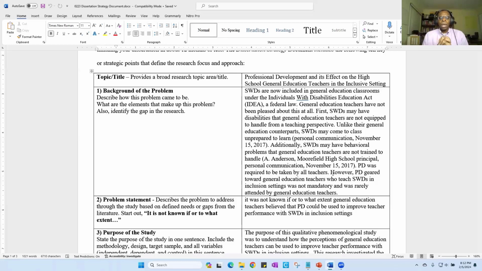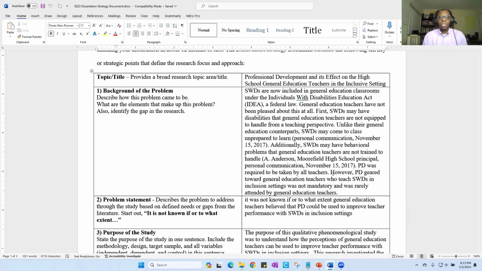But what the state decided to do was move the students with disabilities into the general ed classroom. And they didn't provide that much training to the general education teachers.